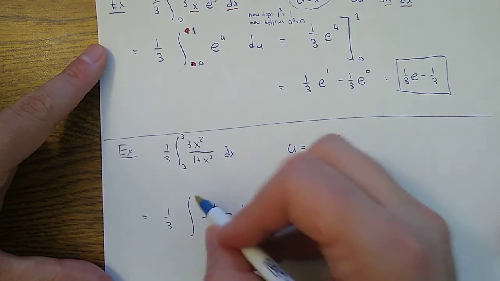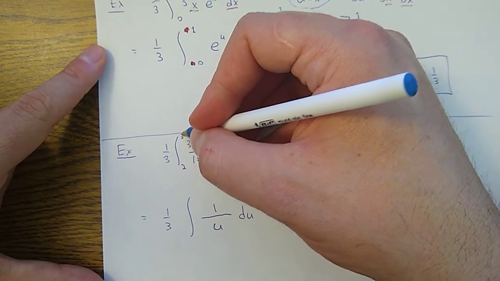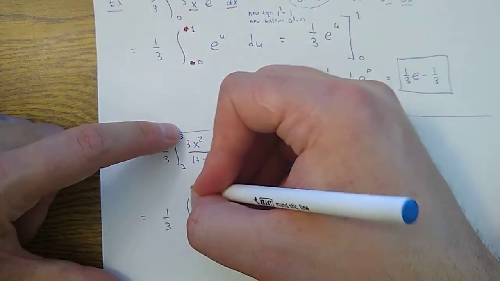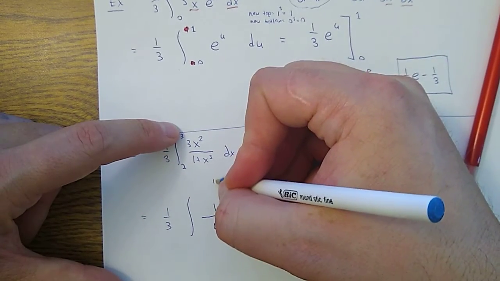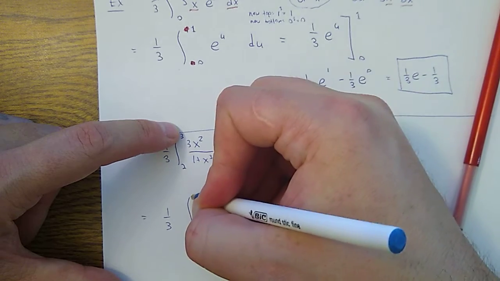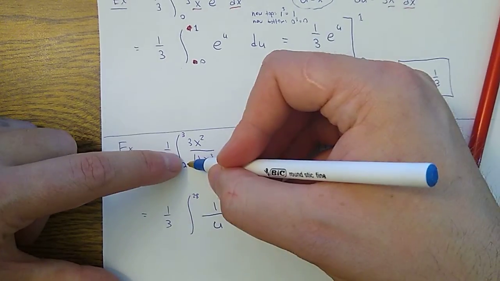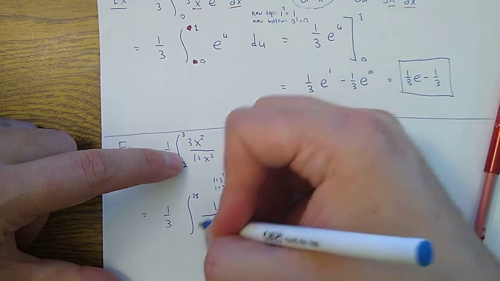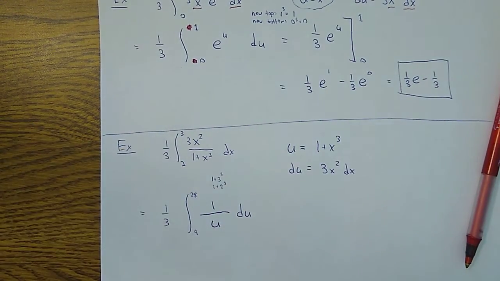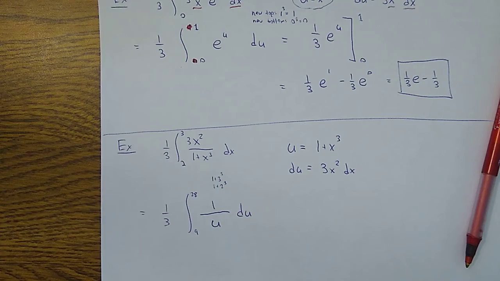And these limits, the new top limit would be, because u is 1 plus x cubed, so 1 plus 3 cubed would be 28. And the new bottom limit would be 1 plus 2 cubed, which would be 1 plus 8, which is 9. There we go.